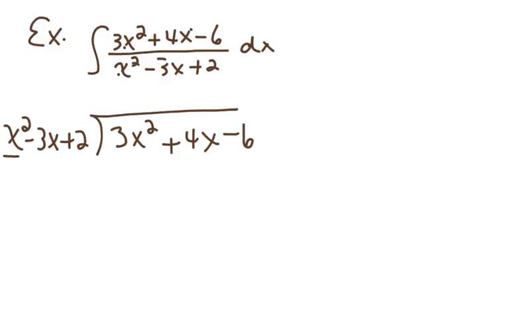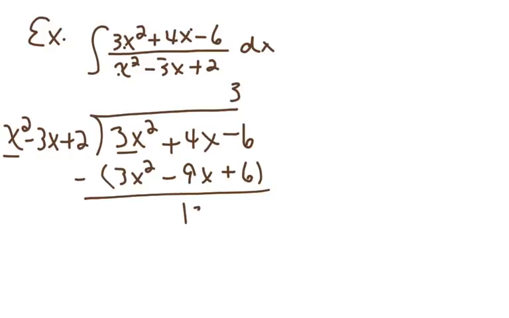So x squared goes into 3x squared 3 times. And I'm going to multiply that by the divisor and then subtract it. And I get 3x squared minus 9x plus 6.